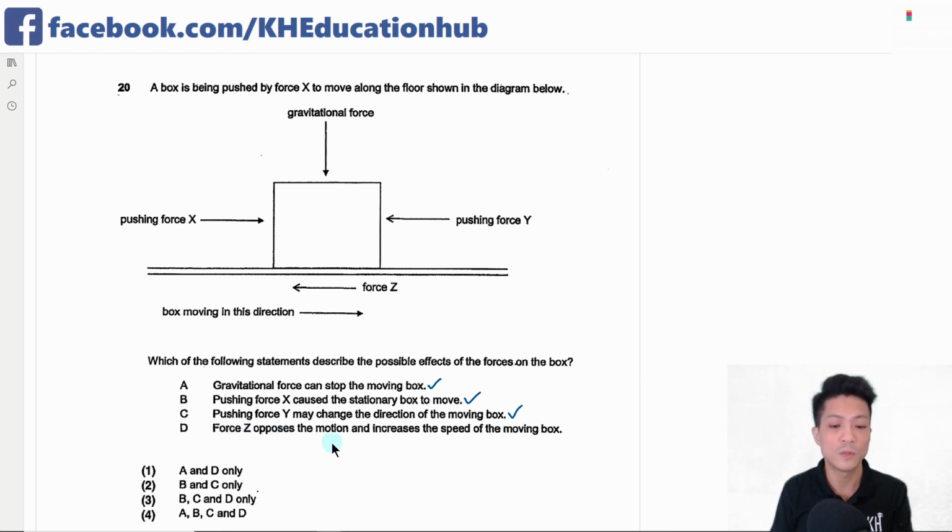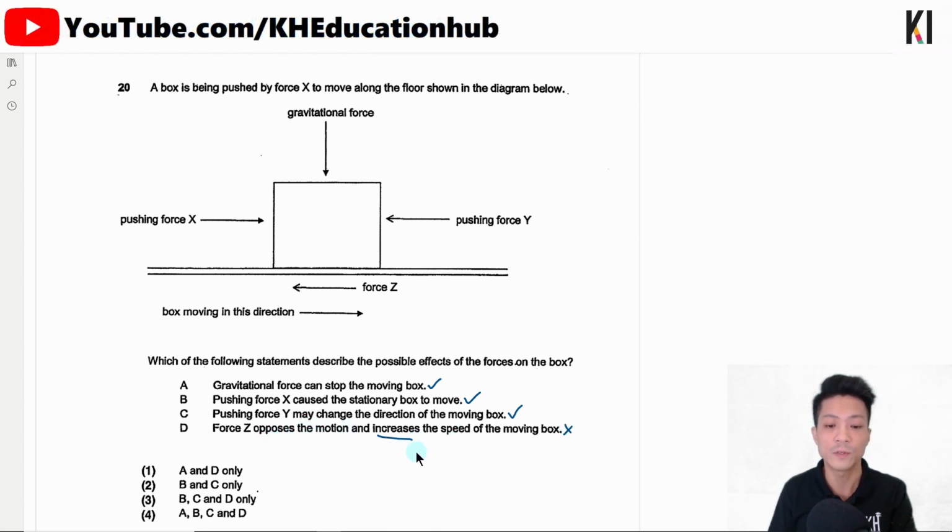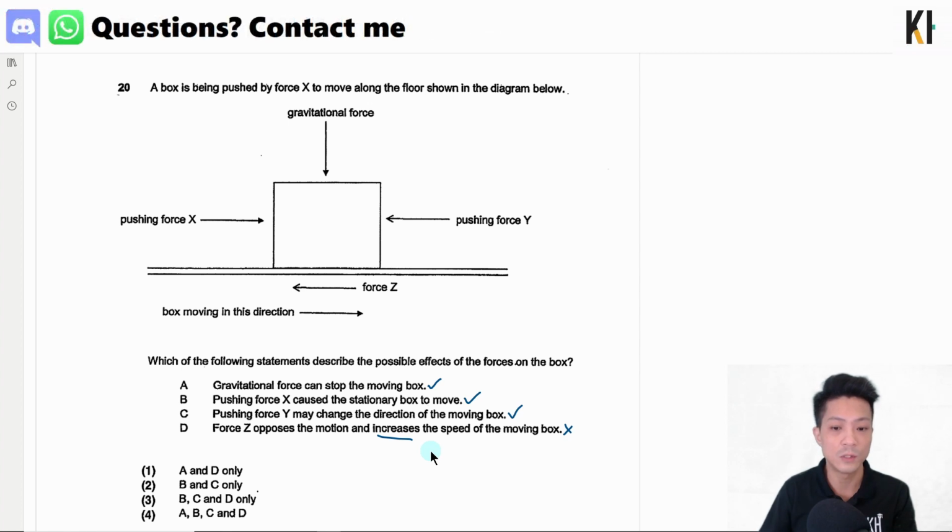Force Z opposes the motion and increases. Okay, it doesn't increase. Remember, if it opposes the motion, it should decrease the speed. Okay, so it is A, B, and C, but there is no option A, B, and C. So let's go through the options again.